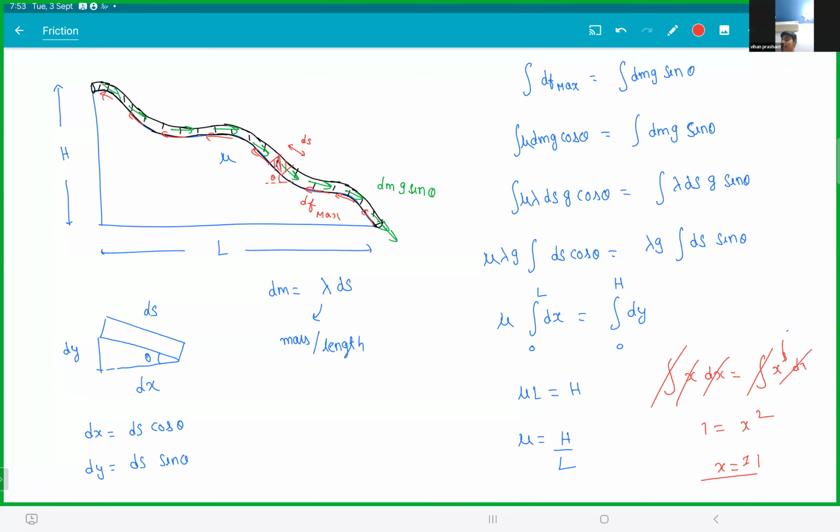No, sir, but we can write mu dm g cos theta equals dm g sin theta, then cancel dm before integrating. Okay, then what will you get? Then you get tan theta is equal to mu. Sir, I didn't take tan theta. I put cos theta equals dl by ds and sin theta equals dh by ds. Then I cancelled ds on both sides and then I just integrated.